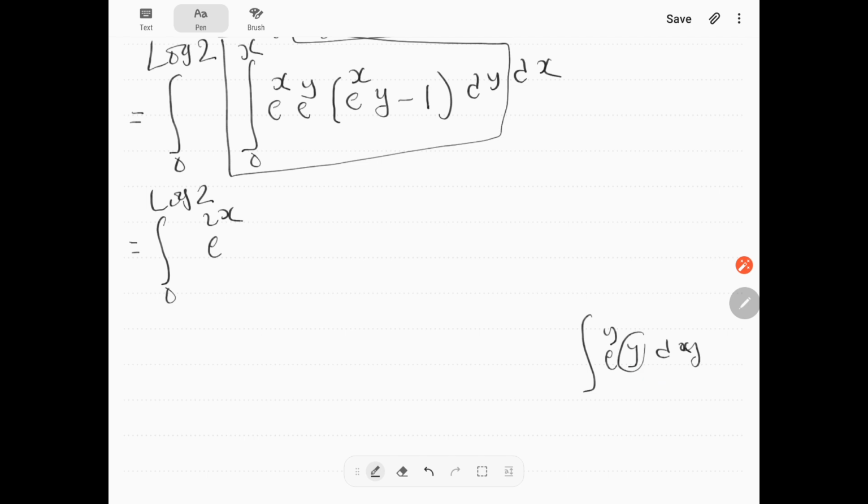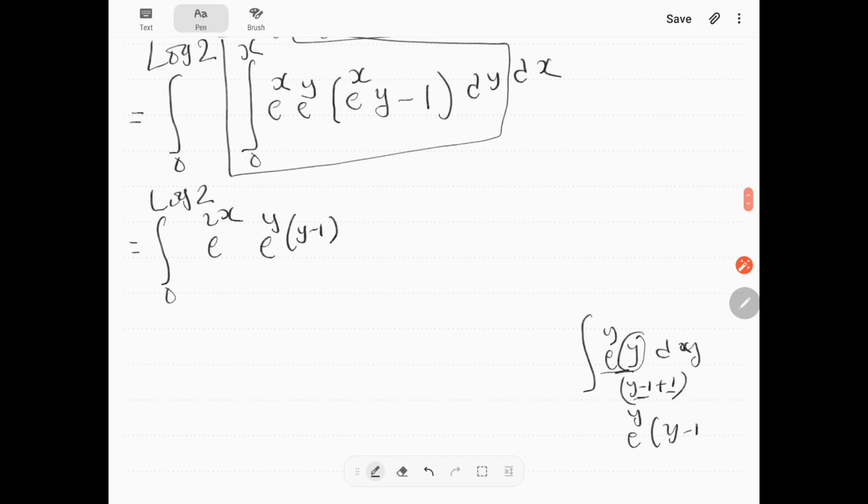I write this y as y minus 1 plus 1, so that it will simply look like e power x into f x plus f dash x. So e power x into f x is the standard formula you generally use. If I use that here, the integral for e power y into y is e power y into y minus 1, because the integral for e power x into f x plus f dash x is e power x into f x.